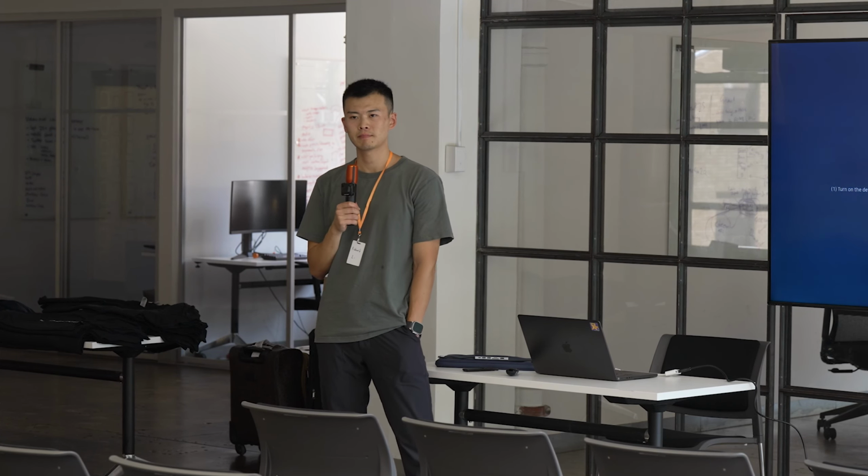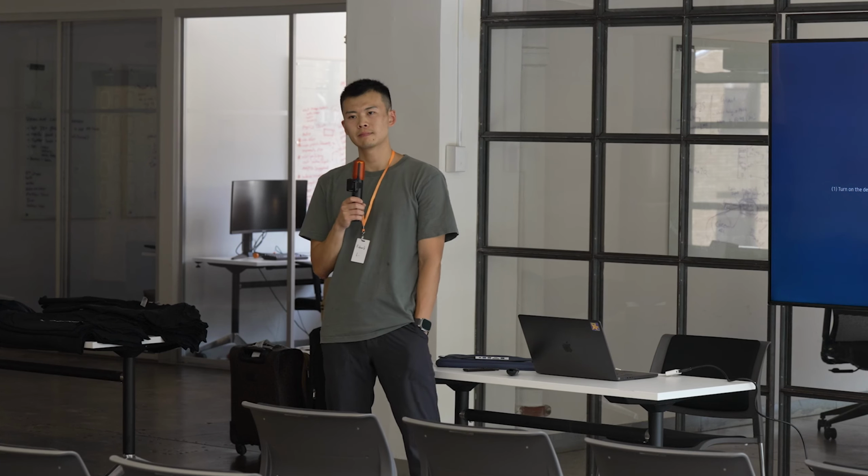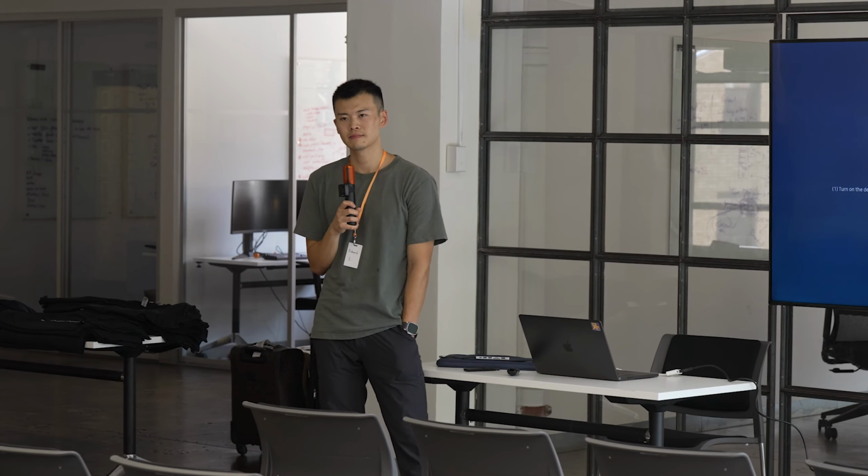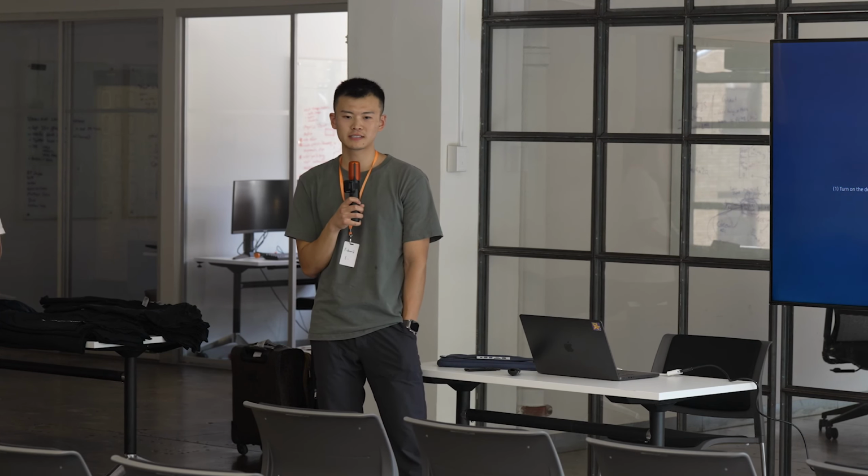And a follow-up question: have you seen users try to game or circumvent the system you built, where fraud goes undetected? Not yet. I think part of it is due to the limits that we set.